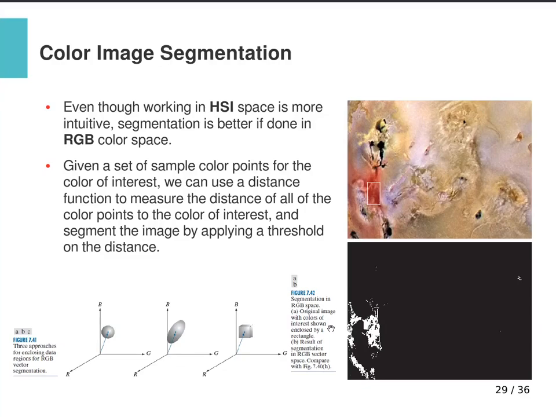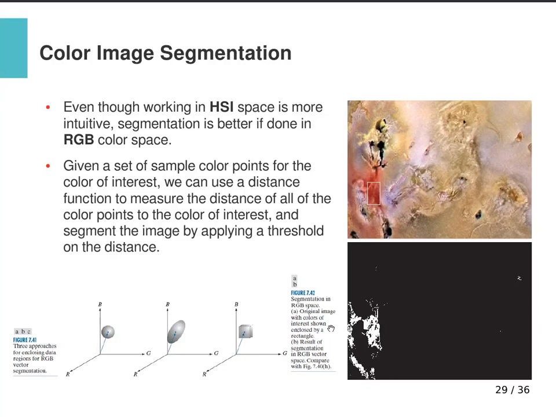The way we can do it is that we provide to the algorithm a set of sample color points for the color of interest, and these sample color points are then averaged and used as the center for the area in the color space that we want to segment in the image.